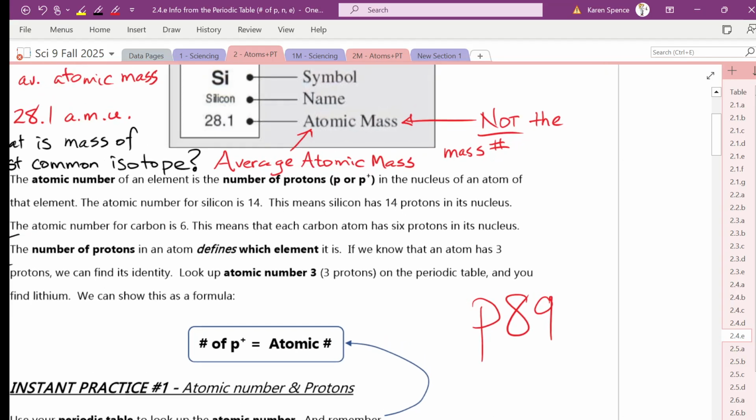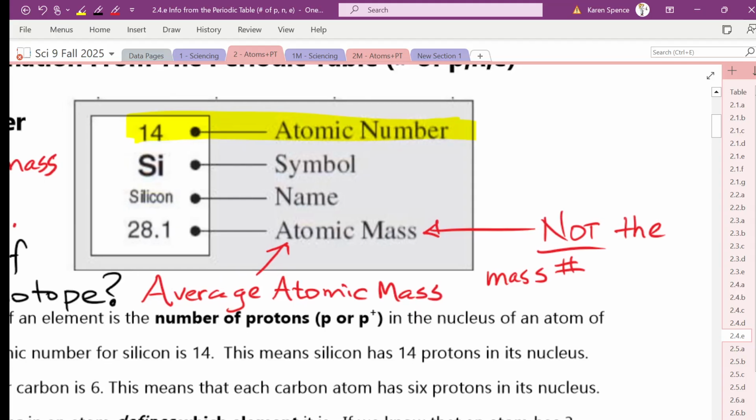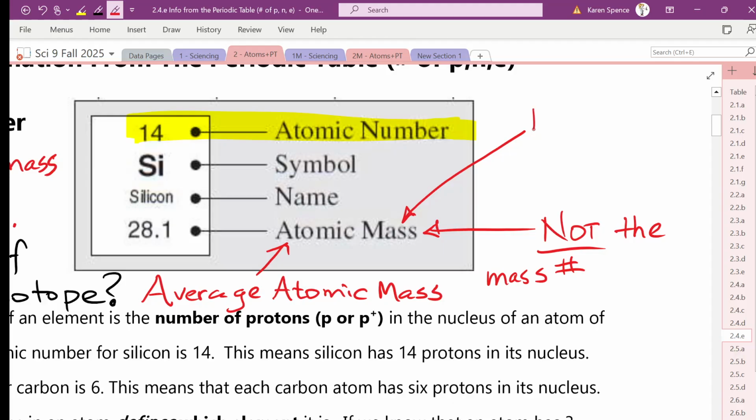So do not use the atomic mass. Never in grade 9 use atomic mass in grade 9. Other than that lab we just did, and that was just to get you looking at the different parts of the periodic table, never use atomic mass.